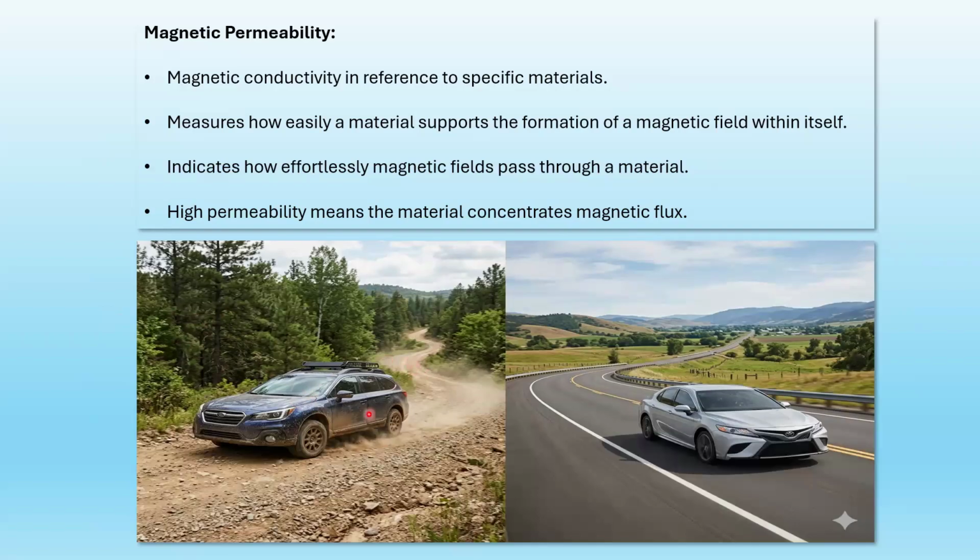The car on the left is driving on a dirt road, and the car on the right is being driven on smooth pavement, which is the road made for cars to drive on. Which is easier for the car? Well, of course, the answer is the one on the right. We will expand that idea as we go along.